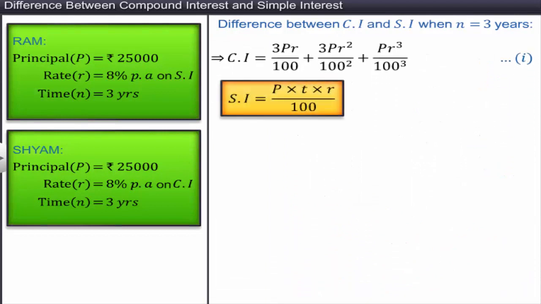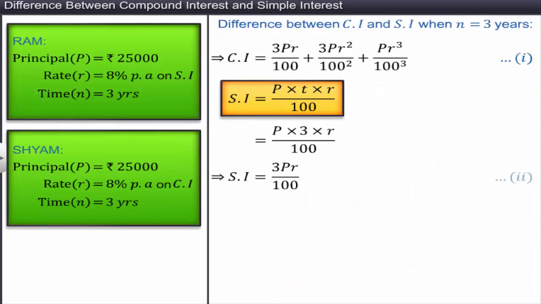The simple interest on principal P for 3 years can be obtained by substituting T is equal to 3 in the formula for simple interest. On substituting T is equal to 3 and simplifying, we get 3 PR upon 100.